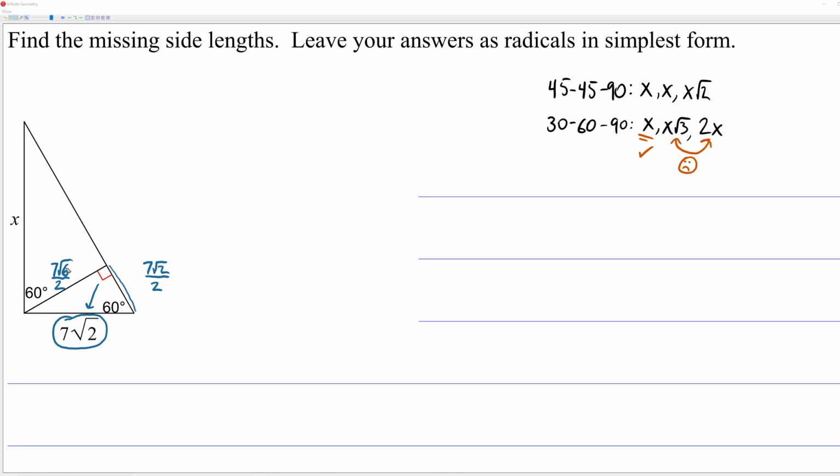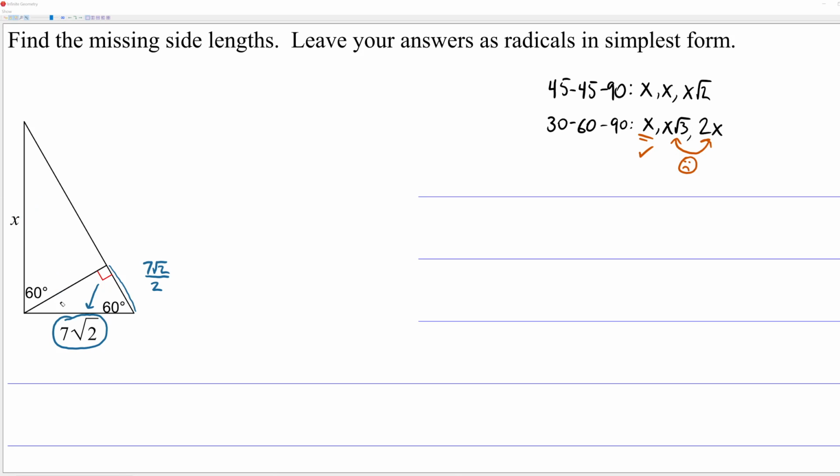That's the smallest. And now we want to go from the smallest to the hypotenuse, so we have to multiply by 2. Well, that's easy enough. It's just 7 times the square root of 6. When we multiply by 2, the 2 cancels. So that's two 30, 60, 90 triangles stuck together.